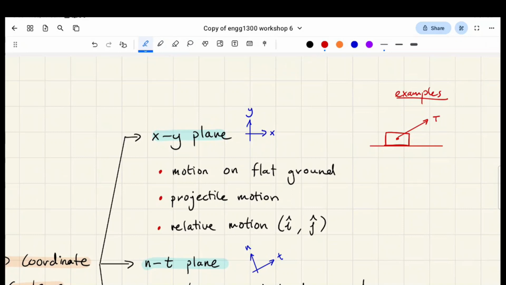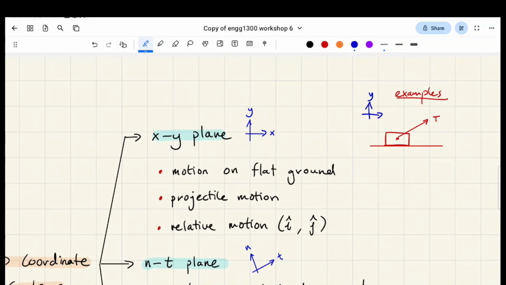Okay. So, just reiterating how this works in this scenario. Basically, in the up and down direction, so the Y direction, the sum of the forces will be equal to 0 because this rope that's tugging the box is not yanking the box so it flies off the ground.